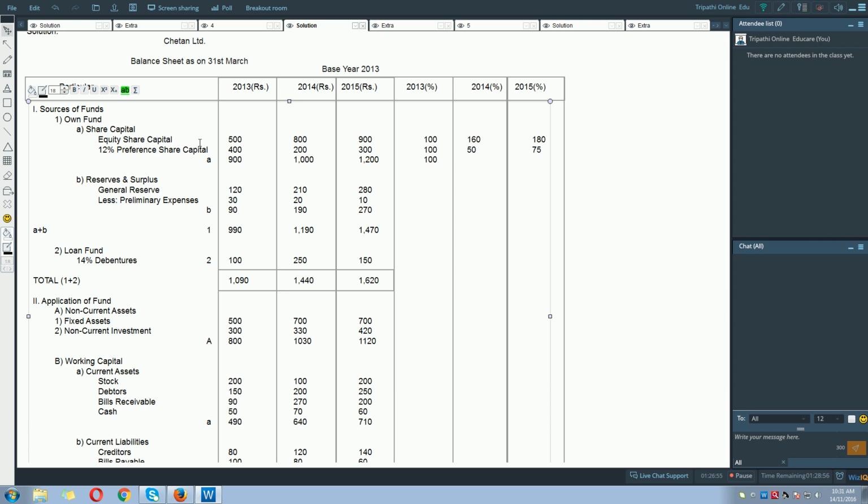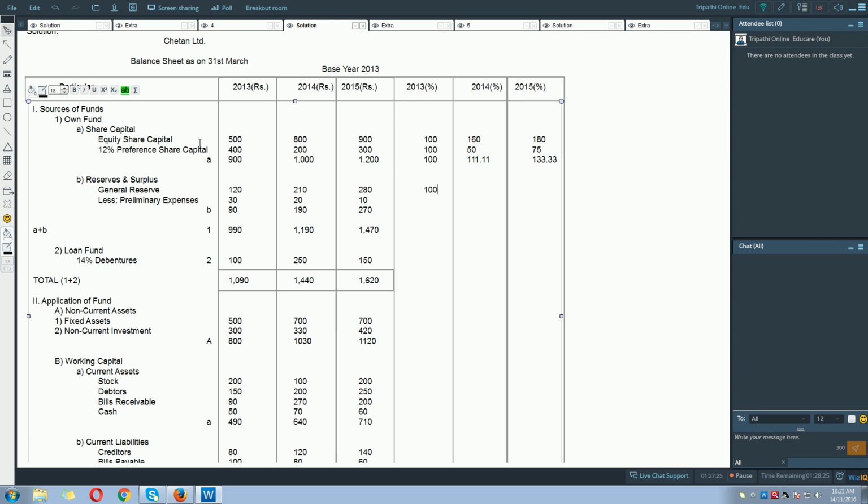Okay. Now we'll have to calculate the percentage, wherein the first year will be our base year. So first year we will say 100%.